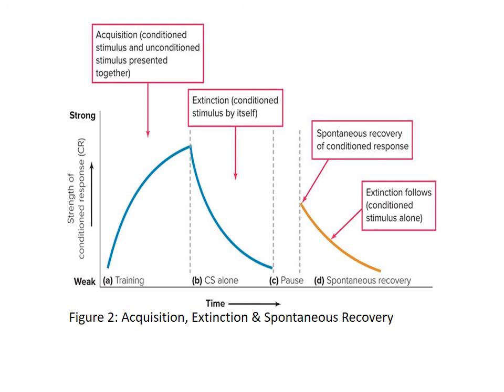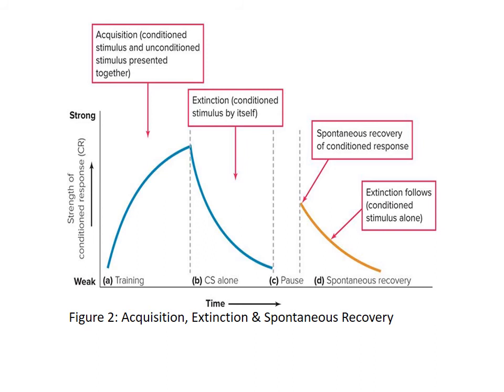After these pairings have been done and we have our conditioned stimulus and conditioned response, and we have peak response, and we decide that we want to extinguish this behavior, then we would just go ahead and give the conditioned stimulus alone. So in this case, it would be just presenting the bell alone with no food. As the chart indicates, there is a steep decline.